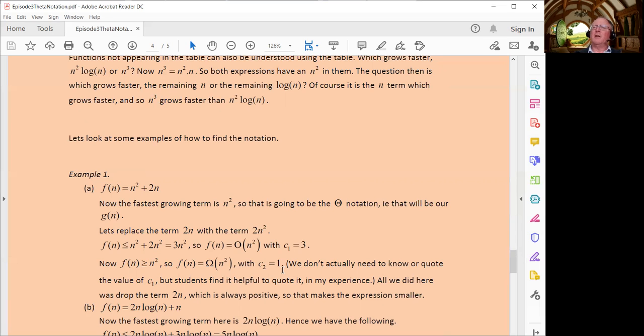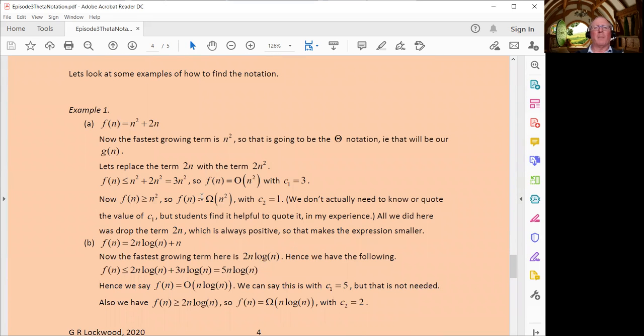And students had terrible, terrible trouble because we'd go to all this work, we'd put in a lot of effort to find C1 and C2, and then they never appear. They disappear off the face of the earth. And everybody would ask, where did they go? Well, we just don't need to know them. We need to know that they exist, but we do not need to know what they are. But I found that students understood it better if I actually quoted them. So I like to quote them.